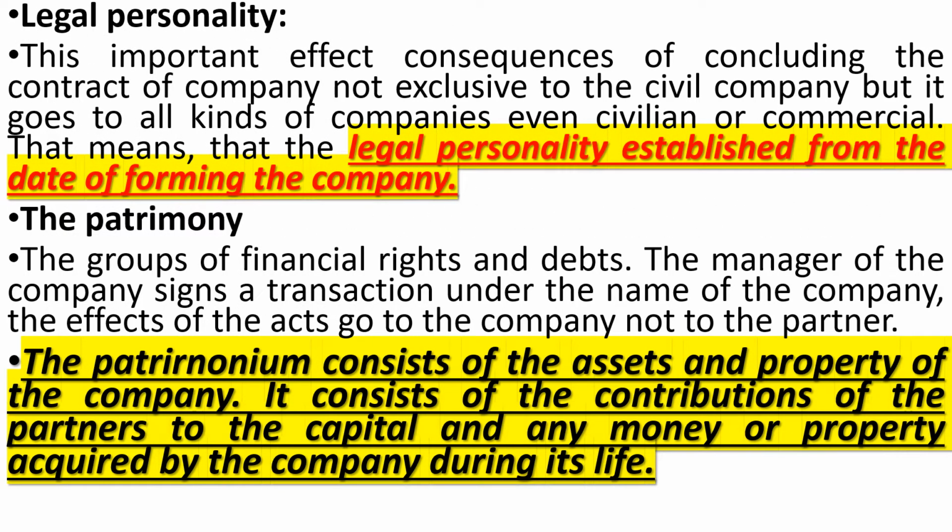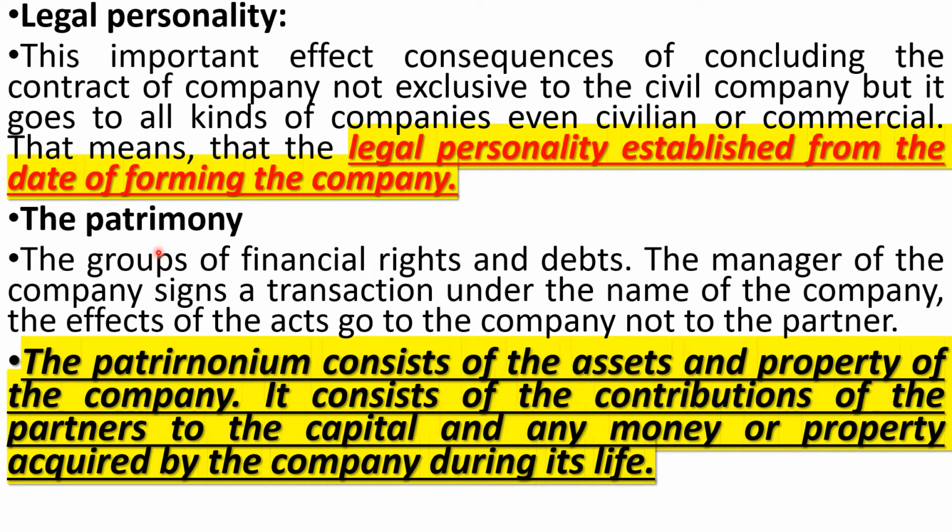When we finish formation of the company contract, whether civil company or commercial company, it has legal personality and creates a new person called a juristic person. Legal personality is established from the date of forming the company.